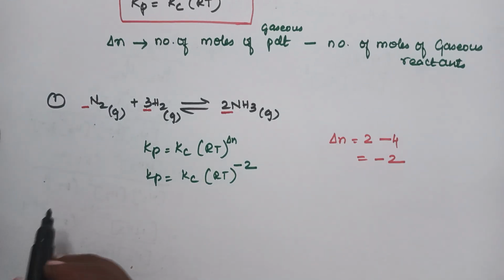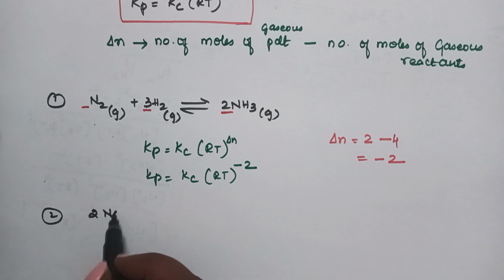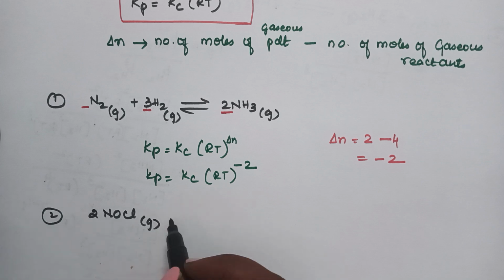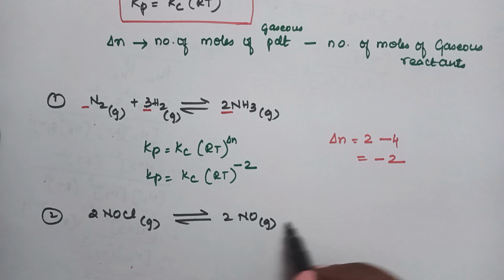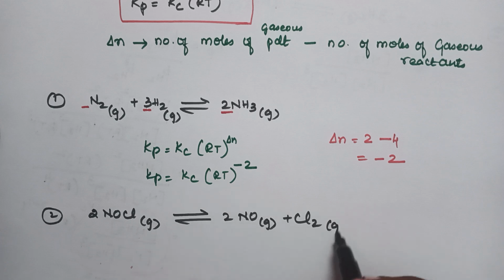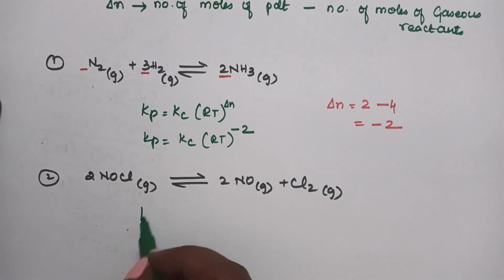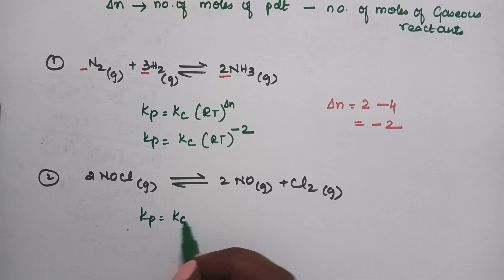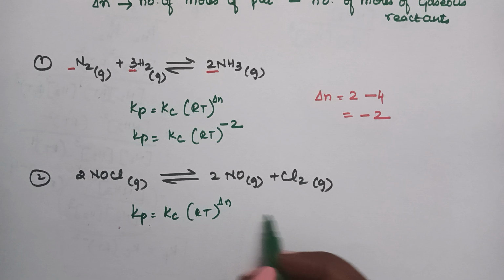Second example. So the second example we will take is 2 NOCl gas giving 2 NO gas plus Cl2 gas. So write the expression for this. Kp is equal to Kc RT to the power of delta n.